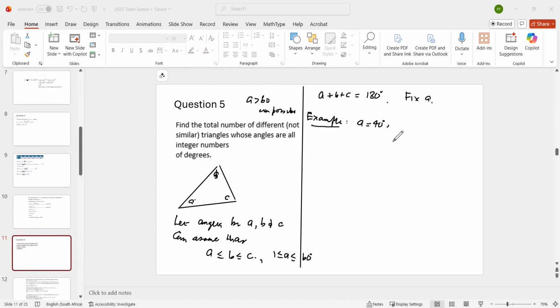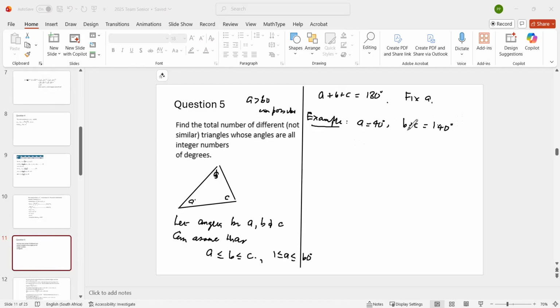Now I want to count how many triangles there are with a 40 degrees less than b less than c, whose sum is 180. That's not very difficult to do because if a is 40 degrees, then b plus c is 140 degrees.